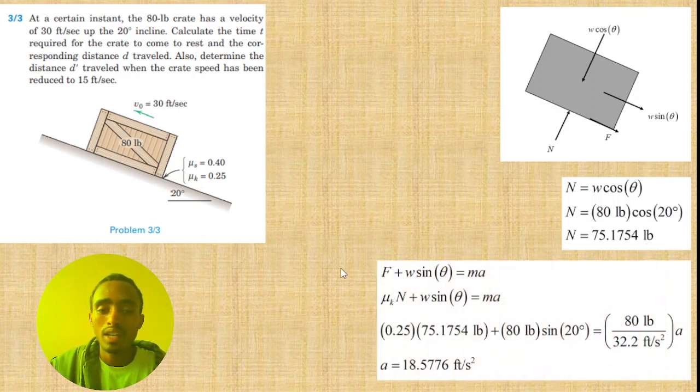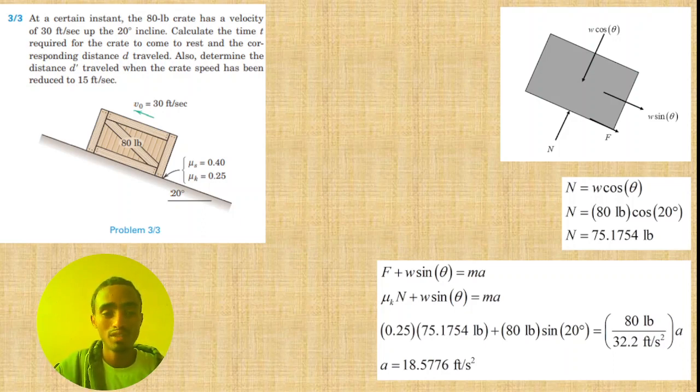Then the summation of forces in the x direction is force plus weight times sin theta, which are in the same direction, equal to mass times acceleration. From it we substitute the given values: coefficient of kinetic friction times normal force plus weight times sin theta equals mass times acceleration. After substituting the given values, we get the acceleration, which is 18.5776 feet per second squared.